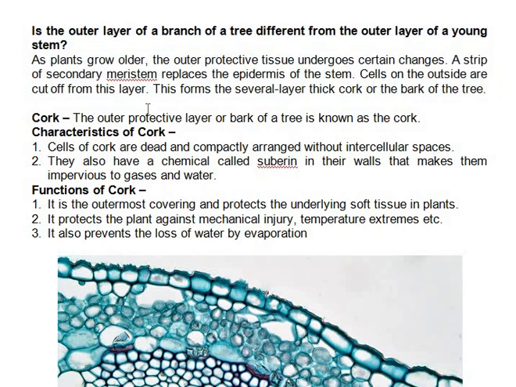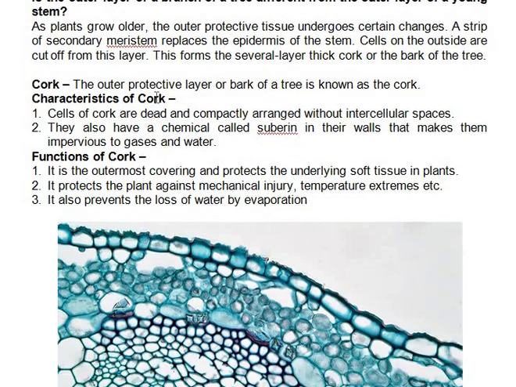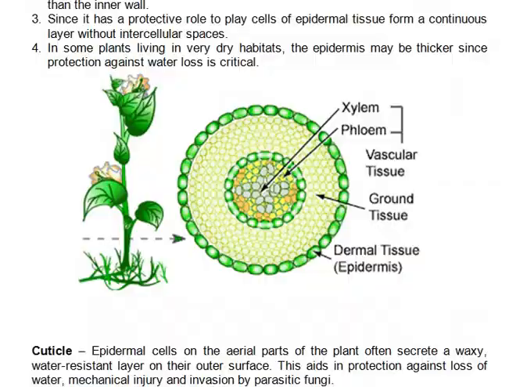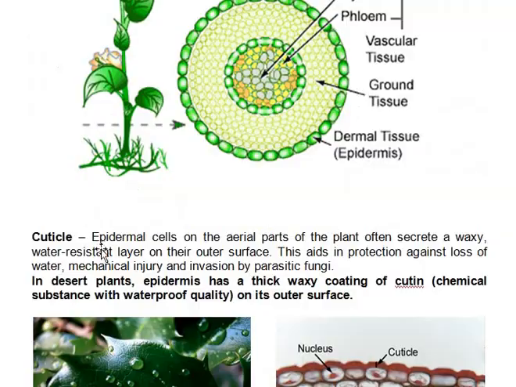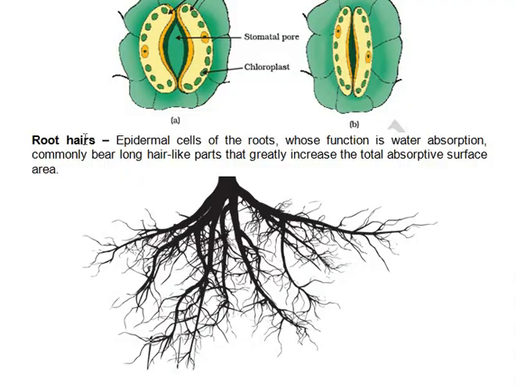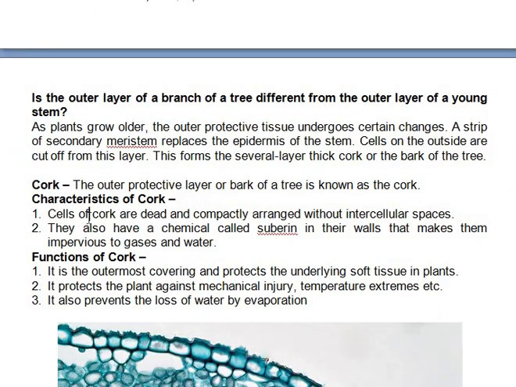So definitely the outer layer of a branch of a tree is different from the outer layer of a young stem. So that's all about the topic epidermis, which includes the characteristics and various modifications like cuticle, stomata, root hairs and cork.